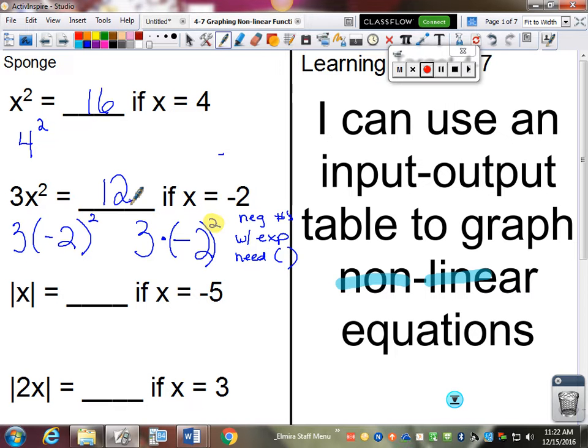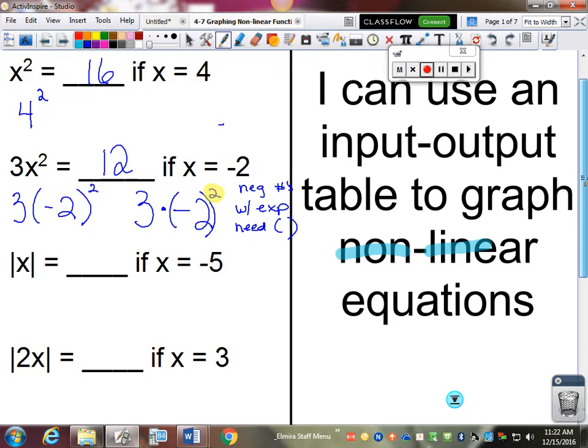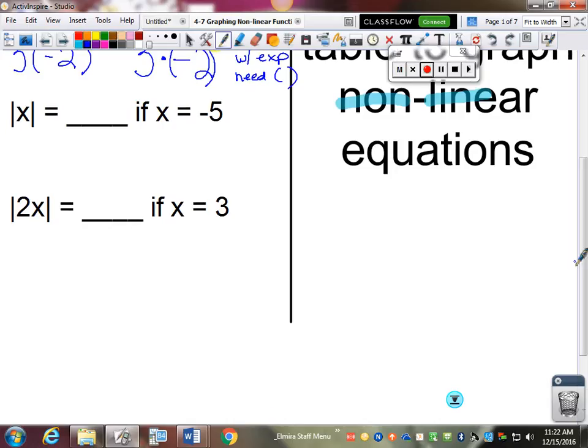Okay, down below, we have these funny brackets that you probably haven't seen in a few years. Okay, they're not brackets, they're not parentheses. Those straight lines on each side of the x are called absolute value. And the dictionary definition of that is basically how big is the number?